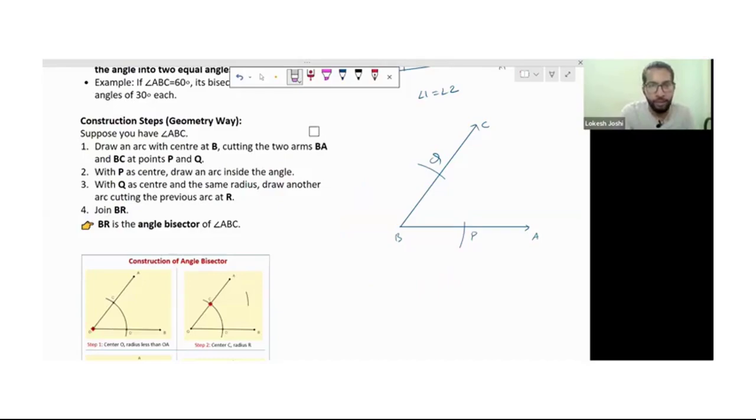Now after that it's written, with P as a center, draw an arc inside the angle. Which means now I have to take P as the center and draw an arc inside the angle, which somewhat looks like that.